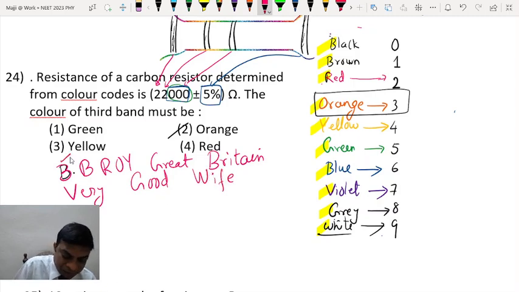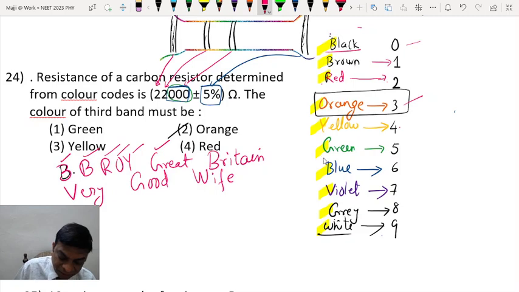So the first B stands for black, that is 0. The next B stands for brown, which represents 1. The next is R, which represents 2. The next is orange, which represents 3. Then you have yellow representing 4.